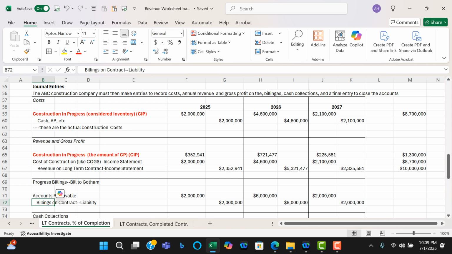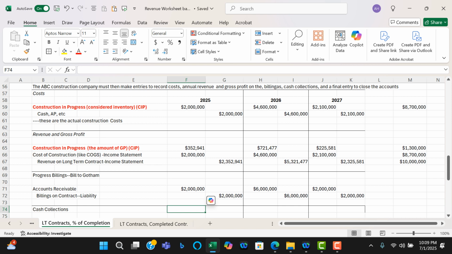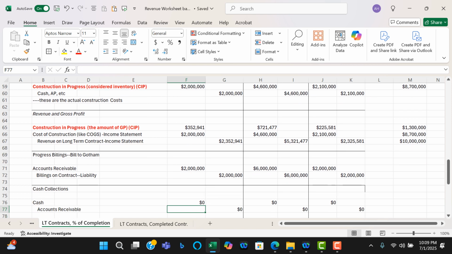They owe you money, but you haven't collected cash yet, though you might collect cash. What we're going to do in the end is take this liability on the balance sheet and offset it against an asset. But that kind of is unearned revenue. You're billing them, you haven't collected cash, and consider that you owe them the finish of the building.